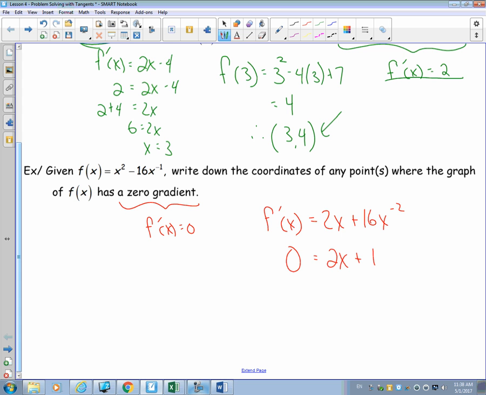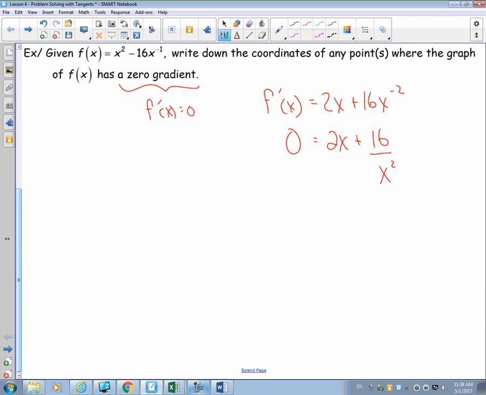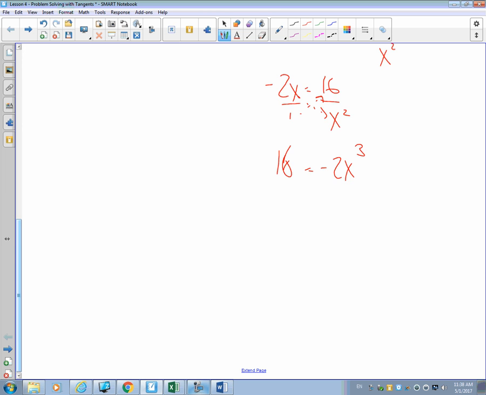To make this a little bit easier to work with, I'm going to put my derivative back into fraction form. The reason I do that is whenever I have a fraction form, I can cross multiply. So think of this as 1 times 16 this way, and 2x times x squared will give us 16 equals negative 2x cubed. I can solve that.